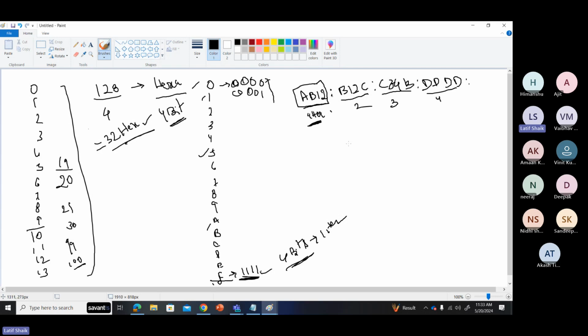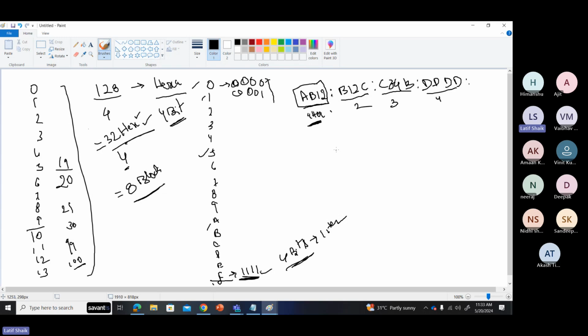How many blocks do I have to write? 32 divided by 4, because each block has 4 hexadecimals, gives 8 blocks. In one IPv6, we use 32 hexadecimals, and these 32 are divided into 8 blocks.